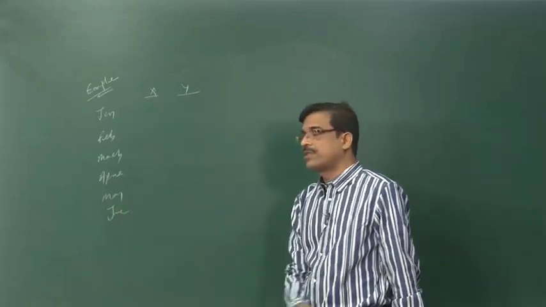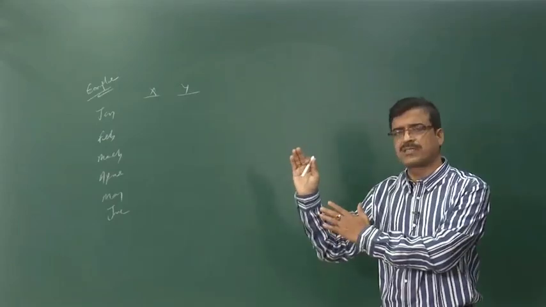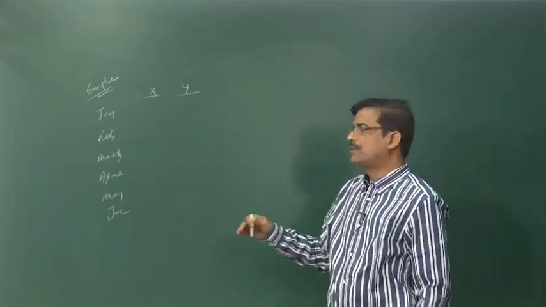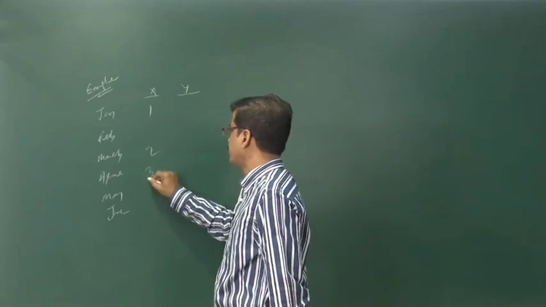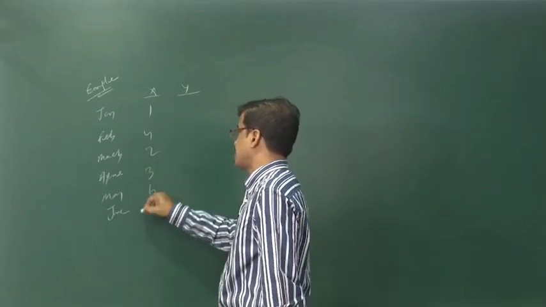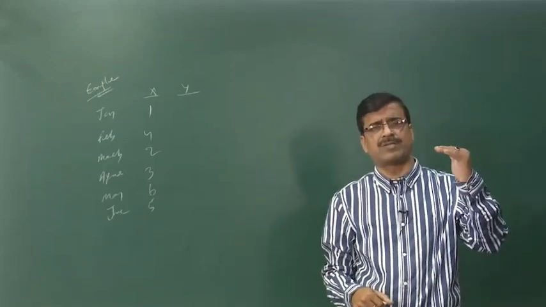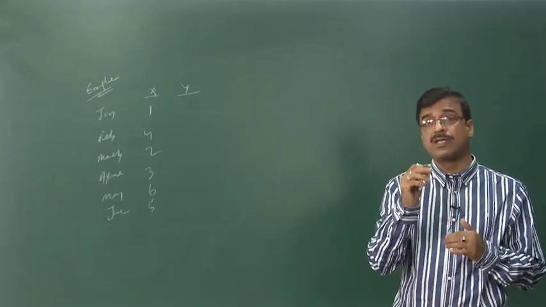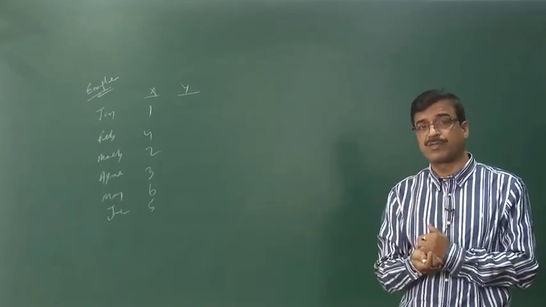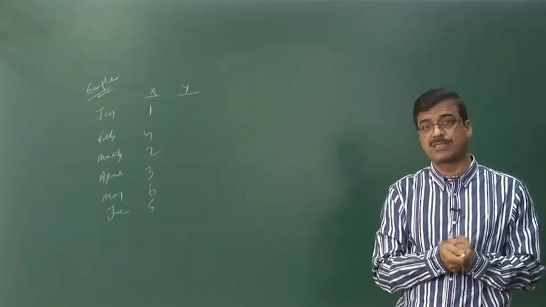We take this 6 month data, and the sales figures of the X company are ranked in this way: here is 1, here is 2, 3, 4, 5 and 6. If there is the highest amount of sales, it is given 1; if the sales are less, it is given the highest number. That means the highest number reflects the least amount of sales.